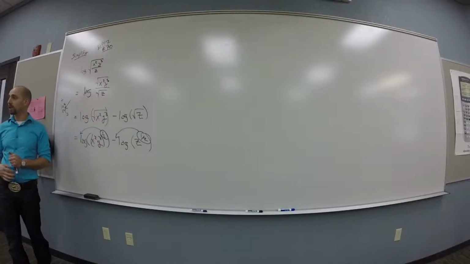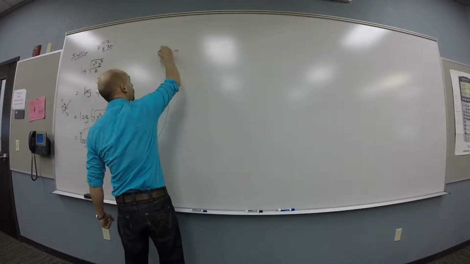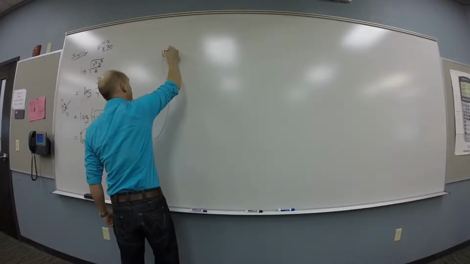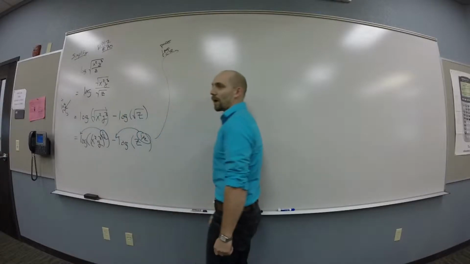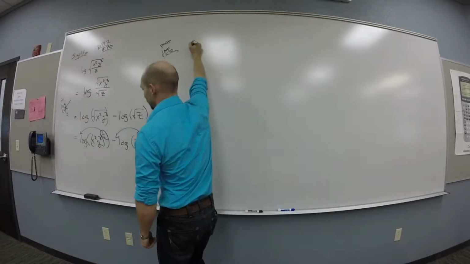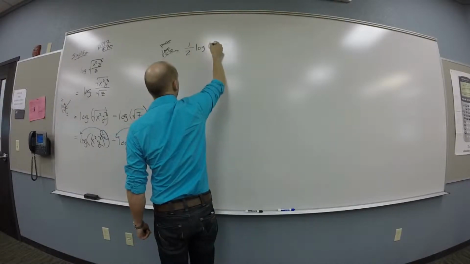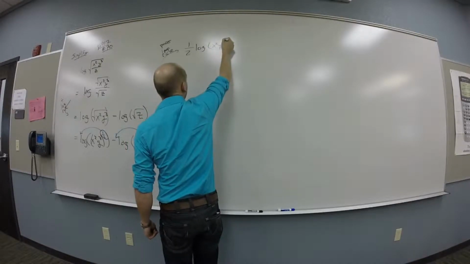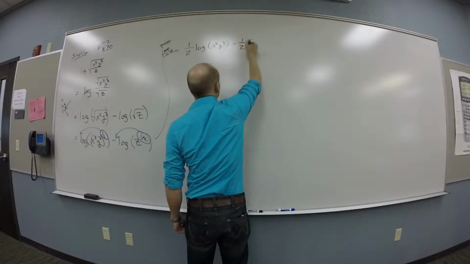Doesn't matter what the junk is, as long as all of it has a power on it. That's the power log rule. And I get out of this 1/2 log of x squared y cubed minus 1/2 log of z.